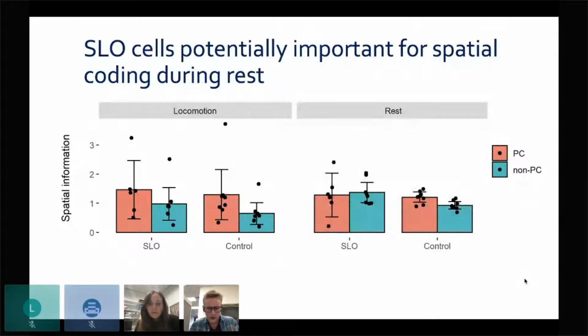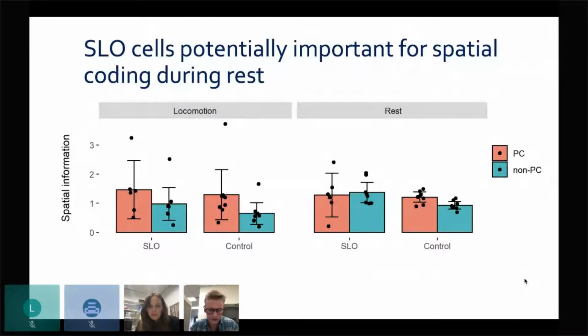If we look during rest, we can see that this pattern actually changes a bit. Suddenly the slow cells, again the left side, the non-place cells in particular, but also still the place cells, have a very high spatial information during rest, higher than the control cells. So what we think this might indicate is that the slow cells maintain some information about space when the mouse is resting.